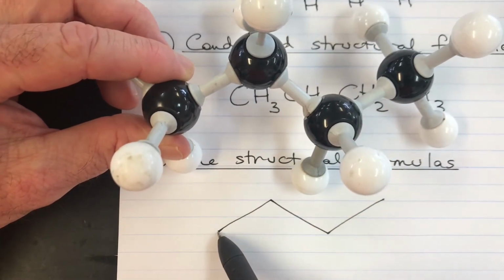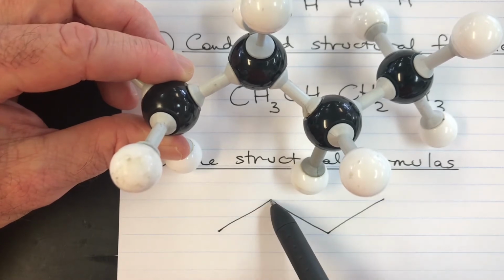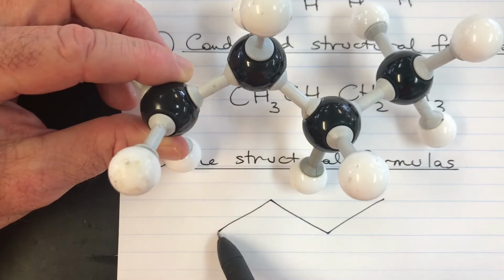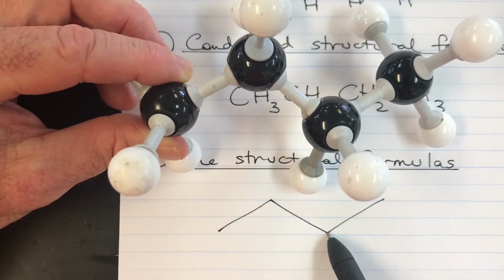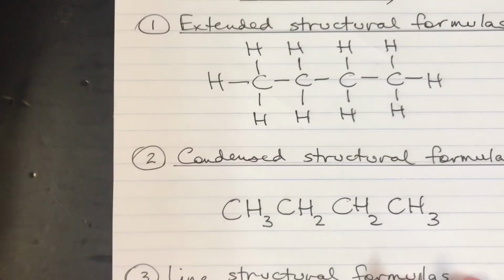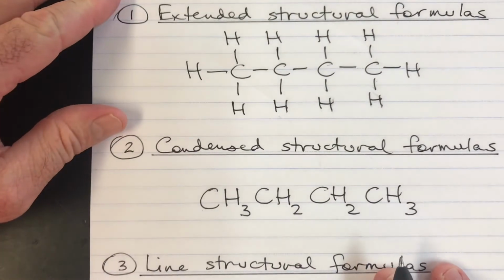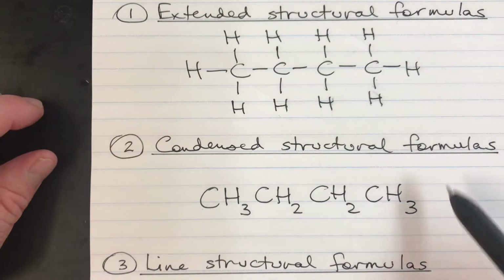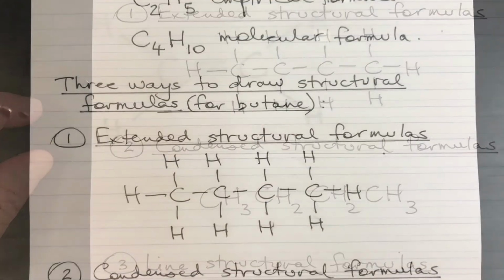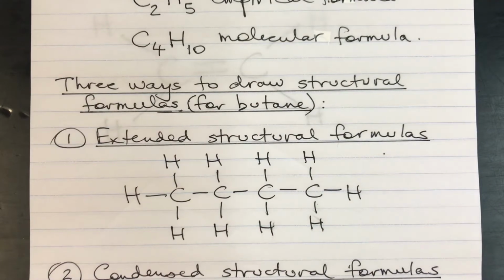Well, at the end of each line, or at the elbow between one line and the next, is a carbon. 1 carbon, 2 carbons, 3 carbons, 4 carbons. So in a nutshell, that's our 3 ways of writing structural formulae. So let's have a detailed look at each type of structural formula.